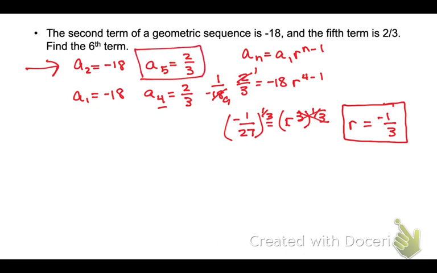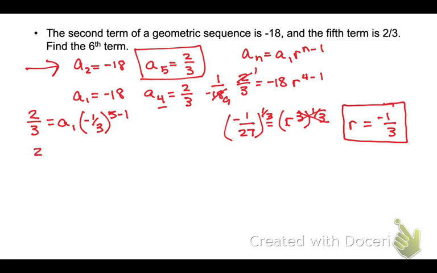So a sub n is 2/3 equals a sub 1, which is what we're looking for, times r, negative 1/3, to the n minus 1. What's n? Well, n is 5, so 5 minus 1.